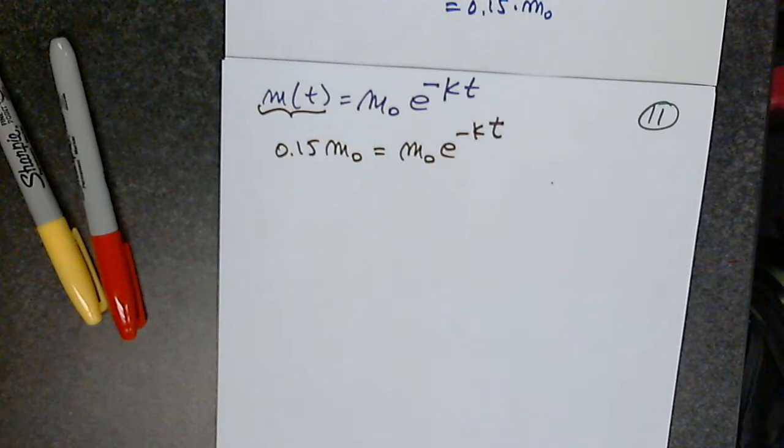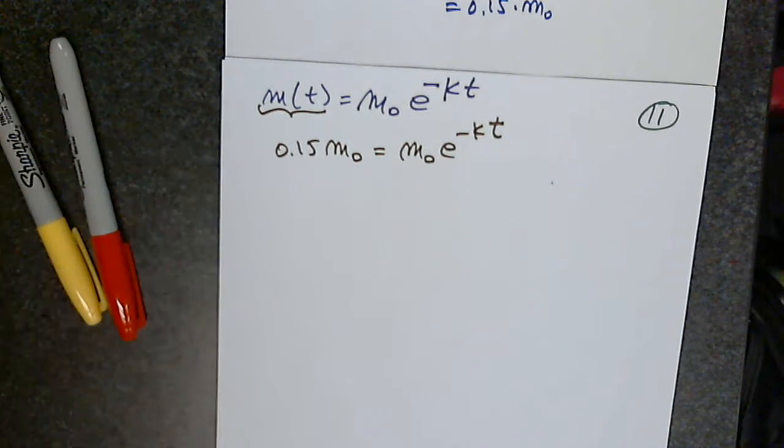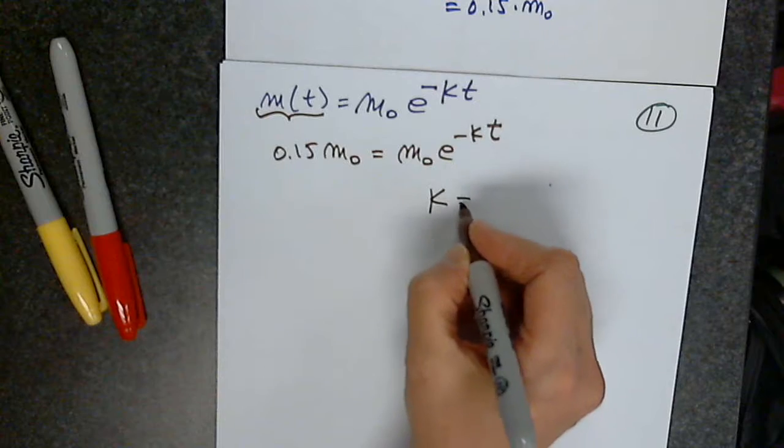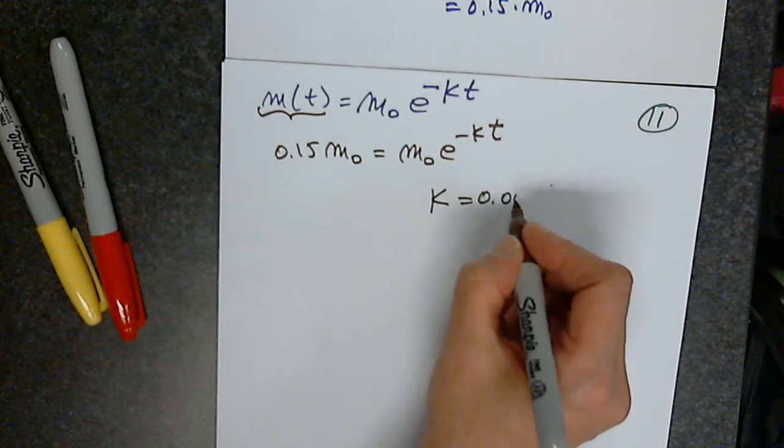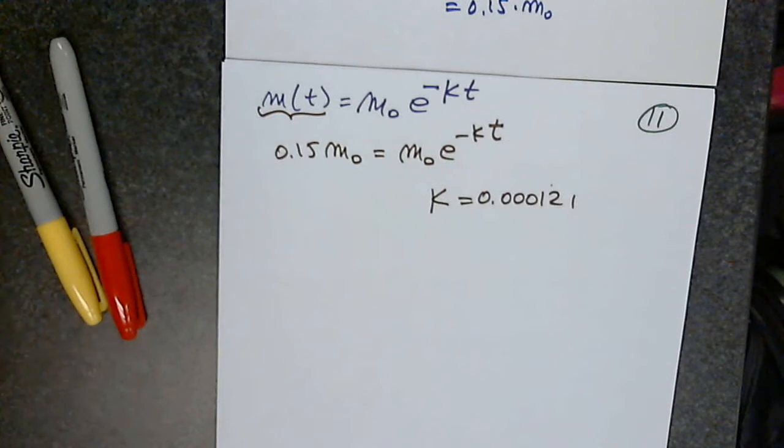I think I did not read the top of the problem. Let me read the whole thing. I only read partial. Oh, it gave you k. It's negative 0.000121 t. So okay, k equals 0.000121. The negative is in the model.